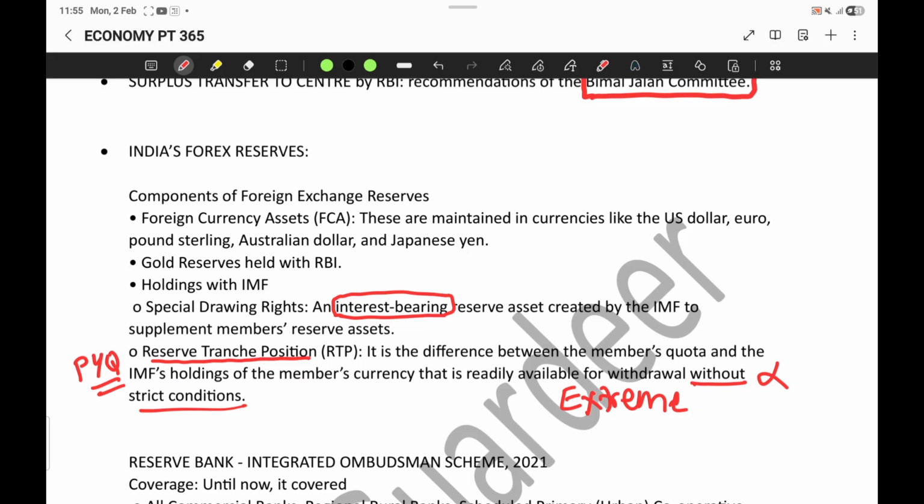It is a knowledge based question, so first attend with the knowledge, then try meta analysis. So it is important to note that, without any strict conditions, the reserve tranche position is available for the country's usage. Fine.